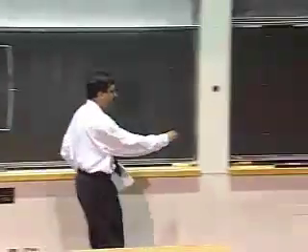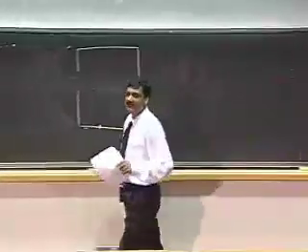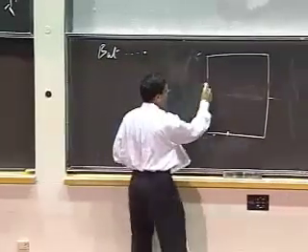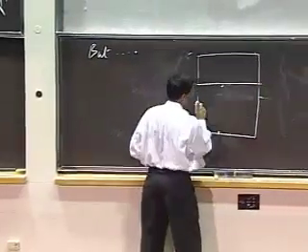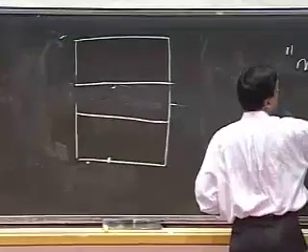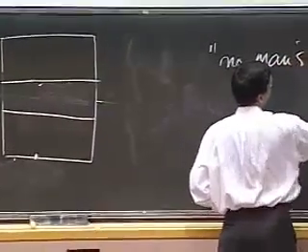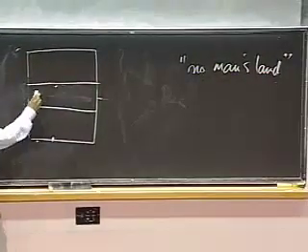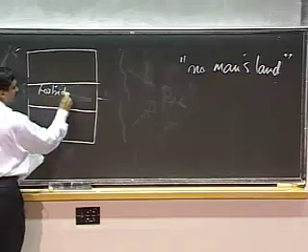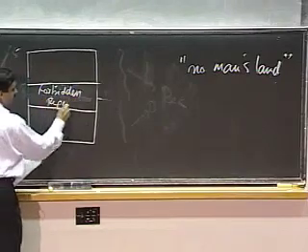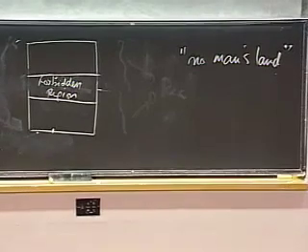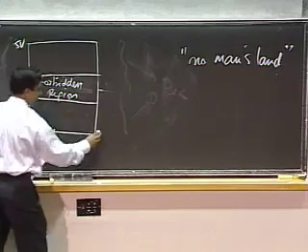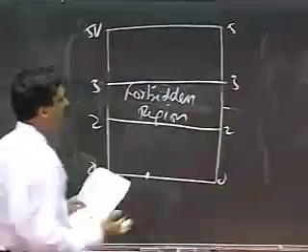To prevent the receiver from getting confused if it saw 2.5, what I'm going to do is define what is called no man's land. I'm going to define a region of my voltage space called the forbidden region. Let's say I define it with 0, 2, 3, and 5 volts.